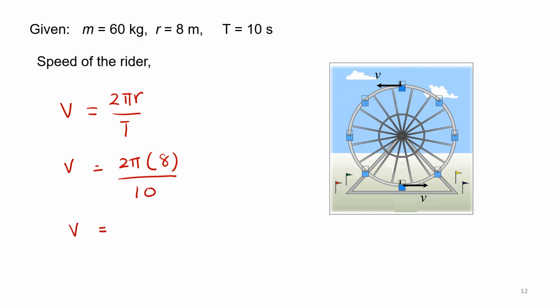We get the linear speed of the rider is 5.03 meters per second.